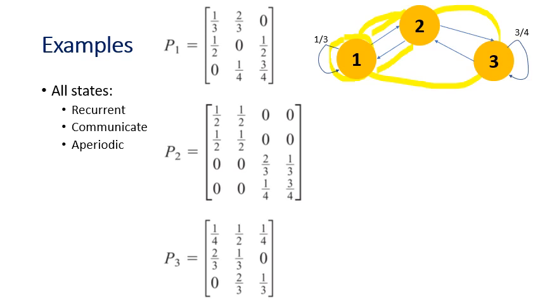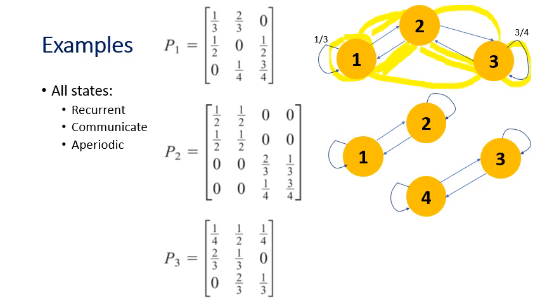You can also have 5 steps, for example, 1 to 2, 2 to 3, 3 to 3, 3 to 2, 2 to 1. So you can check that for all states it is aperiodic.